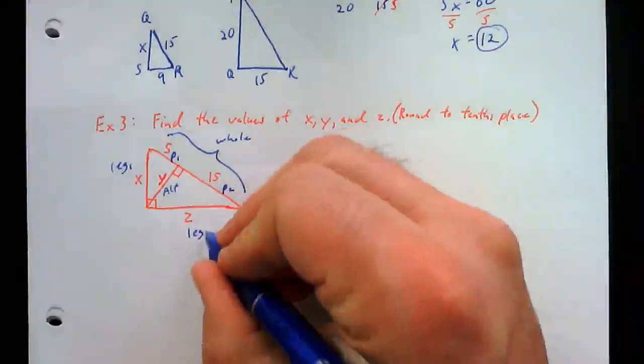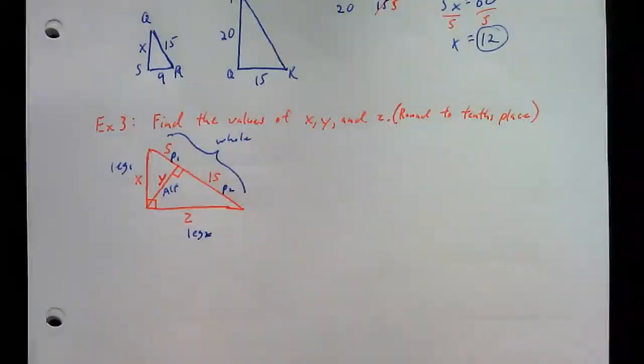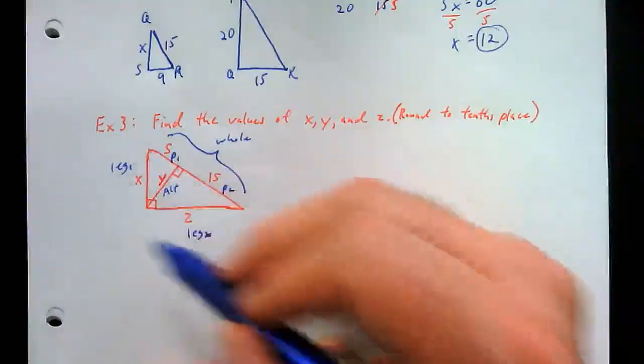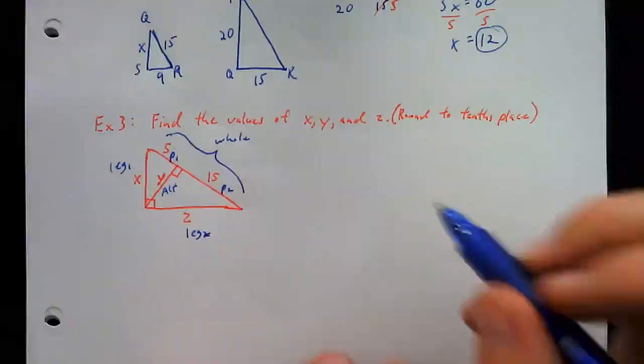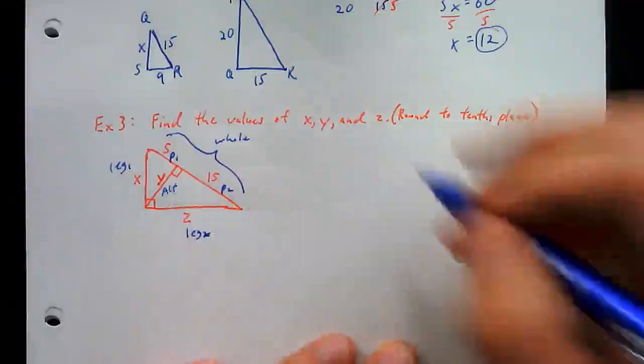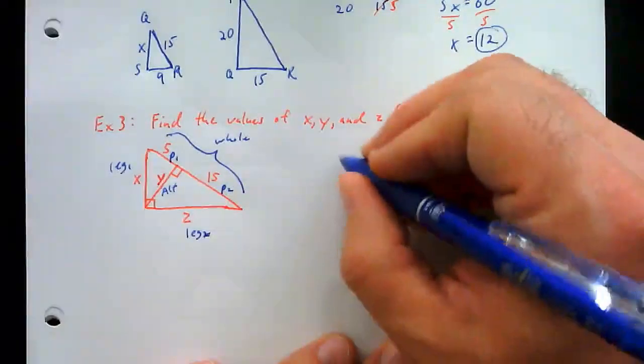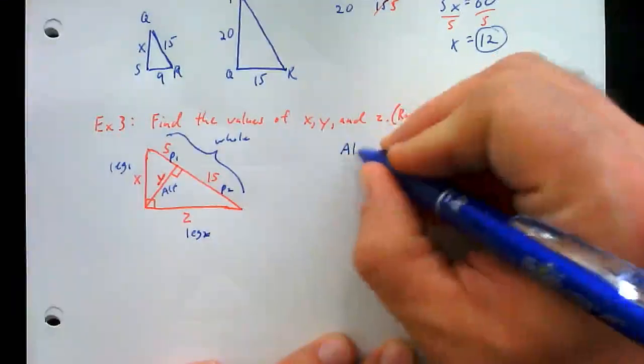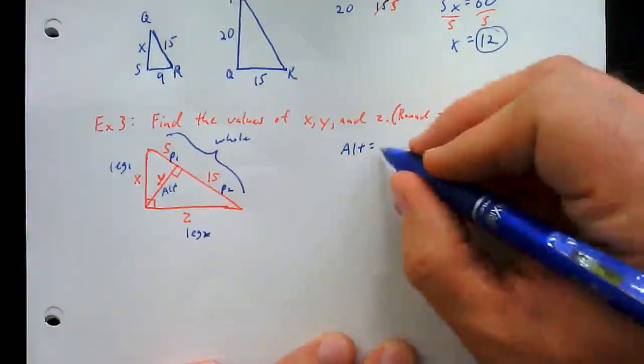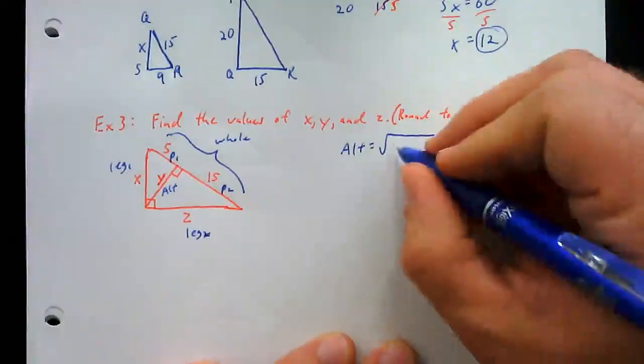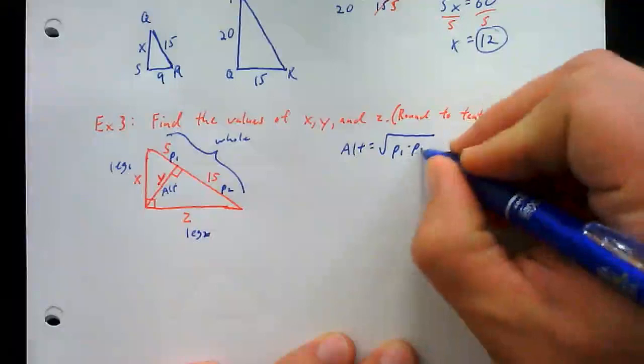So now, when we set this up, we have our numbers. We know which parts we have. So if we're trying to find y, which is the altitude, let's go ahead and do that one first. So remember, our equation is altitude equals the geometric mean of part 1 times part 2.